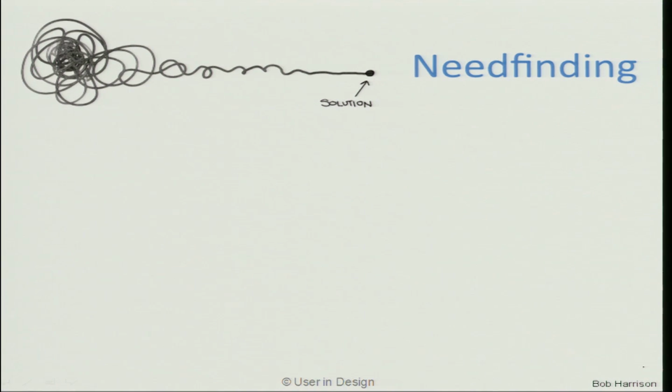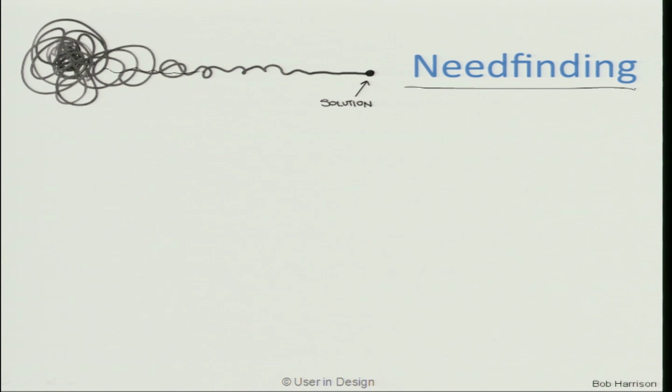All right, so now we need to do what is called need finding. We want to find what their needs are. If you look at this representation, it's kind of neat, right? It's a big jumble, like a completely mangled ball of wool, and then it slowly starts to unravel until it all becomes clear. This is what the need finding process is like.